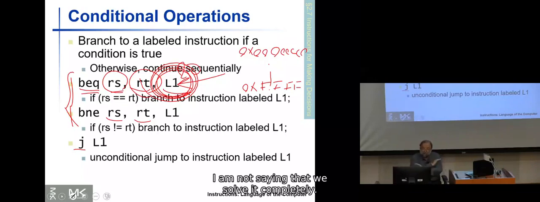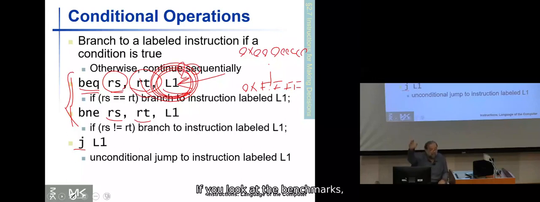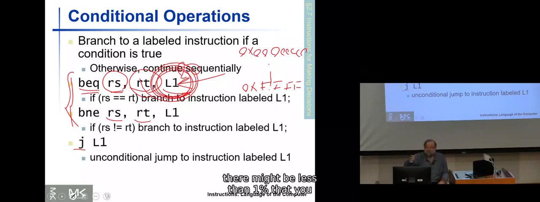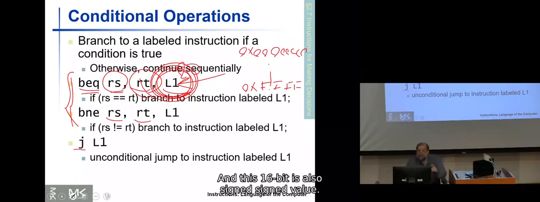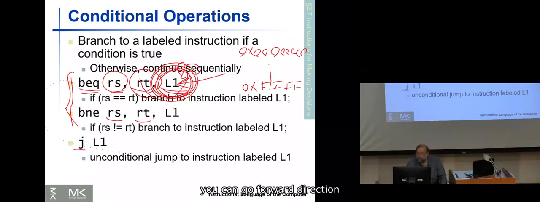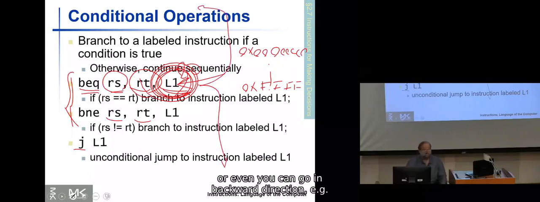I am not saying that we solved it completely. If you look at the benchmarks, there might be less than 1% where you need to branch to somewhere far from this location, which is more than 16 bits, and this 16-bit value is also signed. It means that from here you can go in a forward direction, or even in a backward direction.